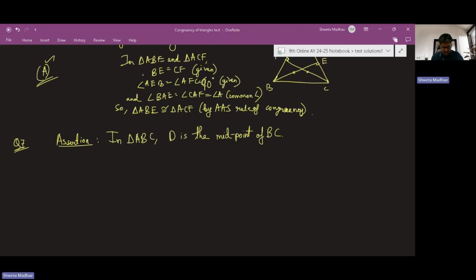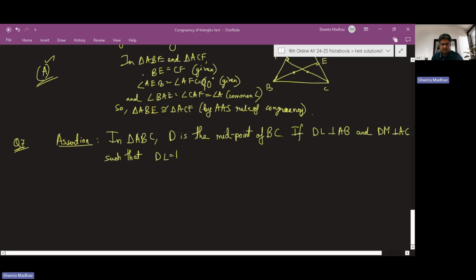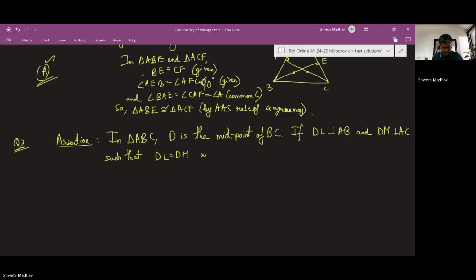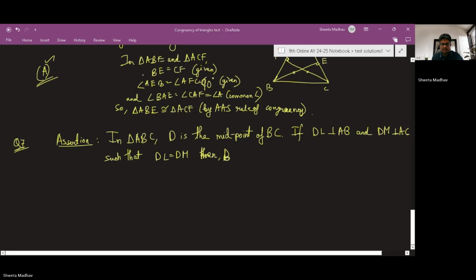DL is perpendicular to AB and DM is perpendicular to AC, such that DL is equal to DM, then BL is equal to CM.